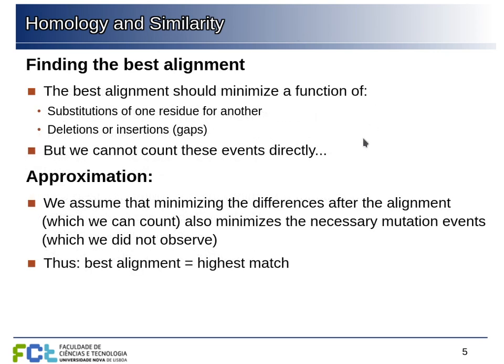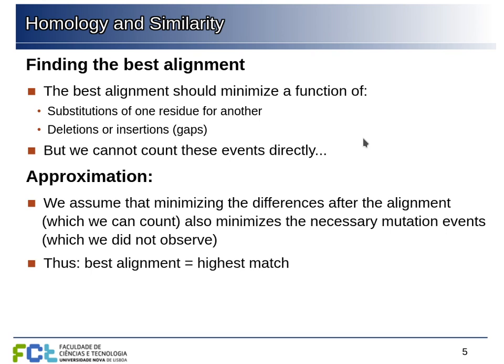So we can assume that minimizing the differences between these alignments, that is, maximizing the similarities on the matching regions of the sequences, would approximate what we would get if we were looking at the mutation events and so on.